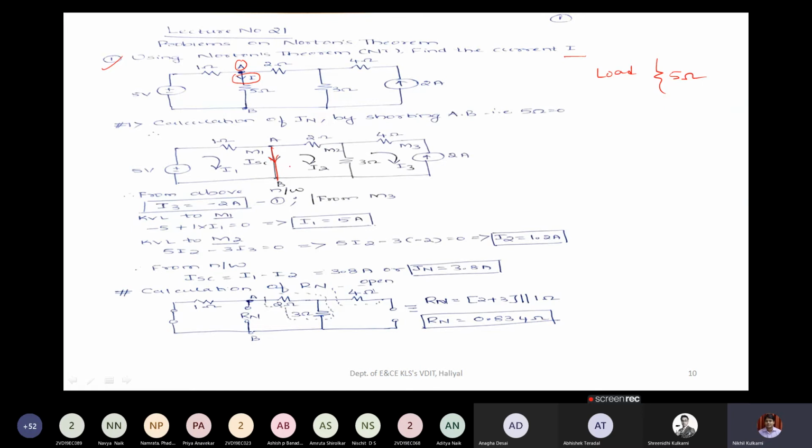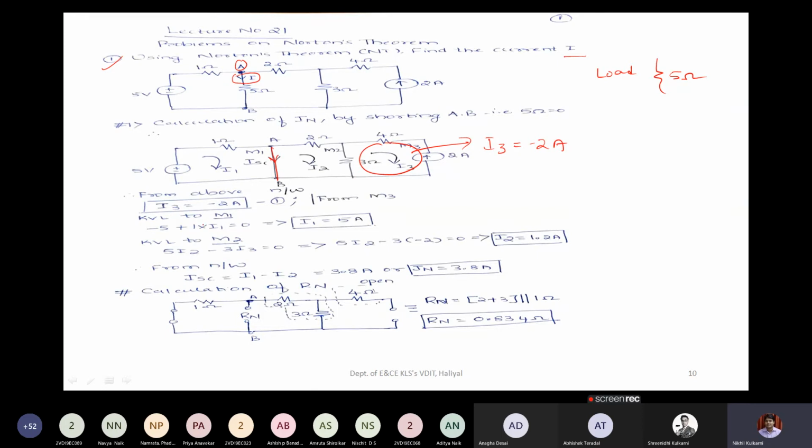Then you have to find the current here. So how to find the current here? From the above network, we can write I3. If you observe I3 here, there is already a current source in this loop, so I3 we can write as minus 2 amperes.